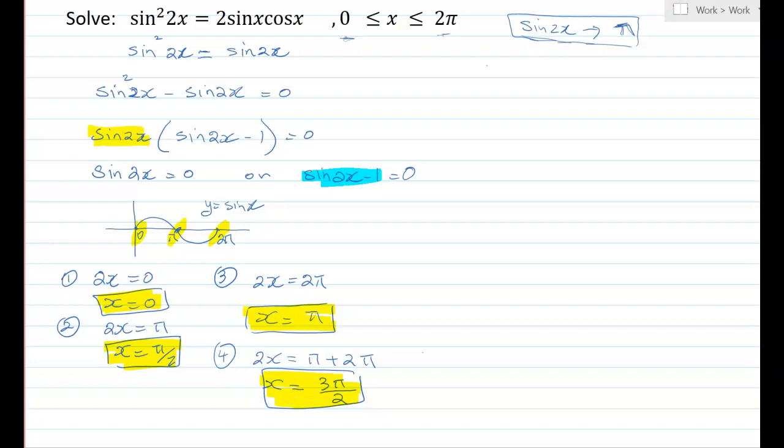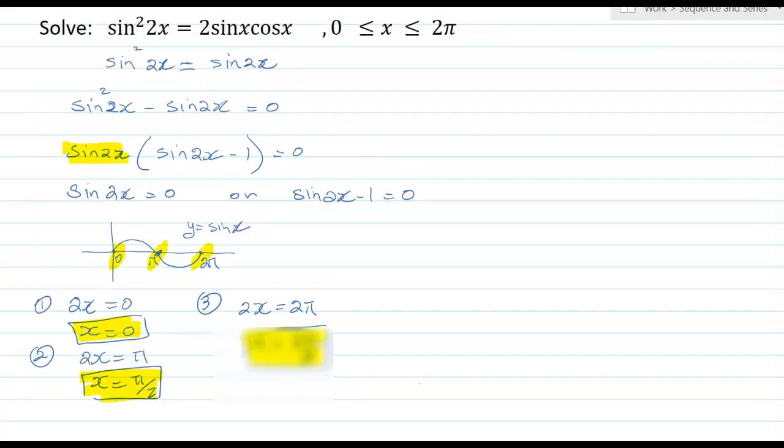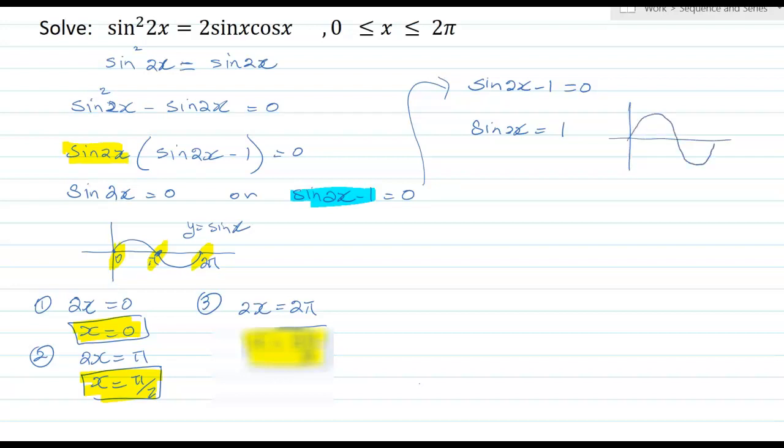Now we're going to solve the second equation, which is sine of 2x minus 1 equals 0. So let's go ahead and solve: sine of 2x equals 1. Let's sketch this graph again. I'm going to redraw the function graph, but this time I'm going to exaggerate it so that you can see.